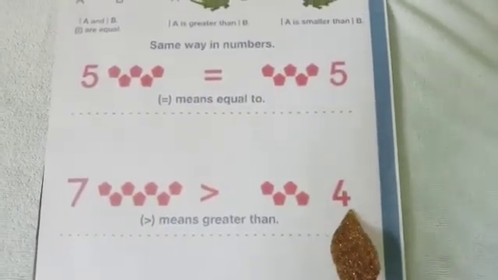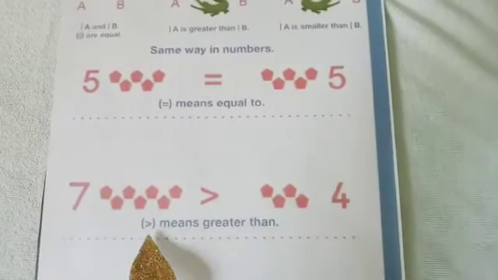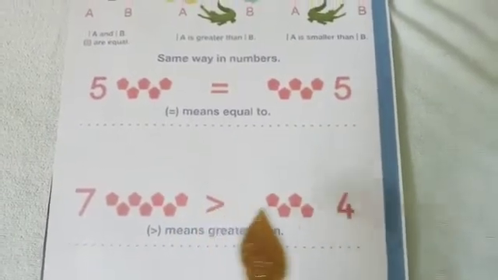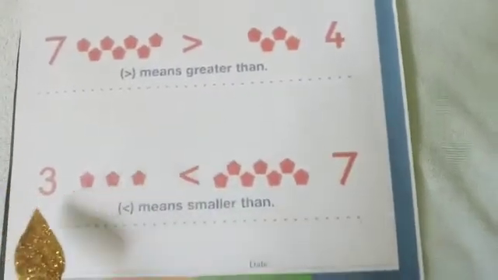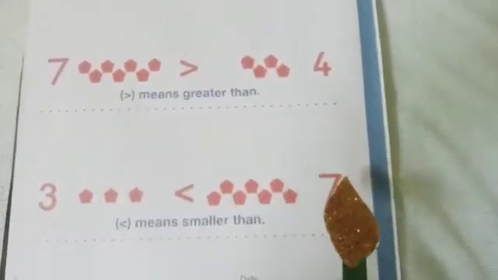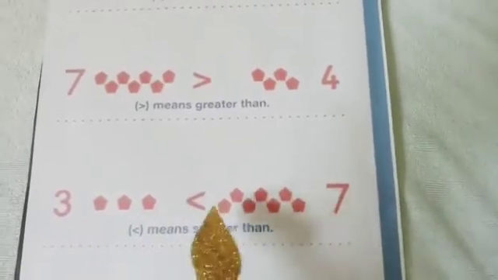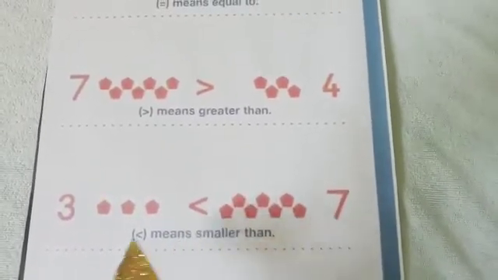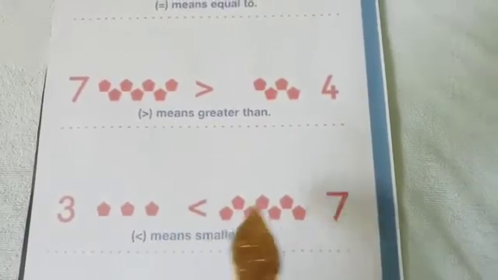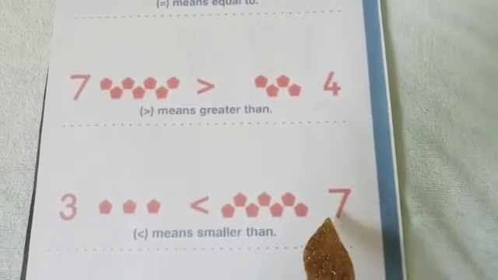So which number is greater? 7. 7 is greater than 4. So the crocodile mouth will open in front of 7. Next, 3 and 7. So 7 is on the other side. So 3 less than sign. So 3 is less than 7, or 3 is smaller than 7.